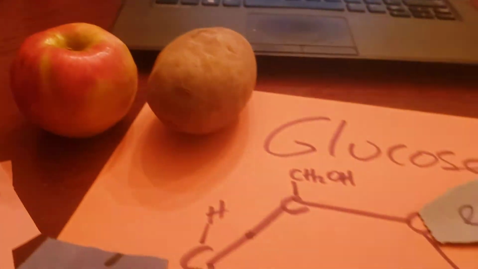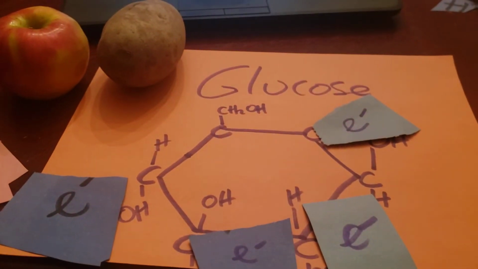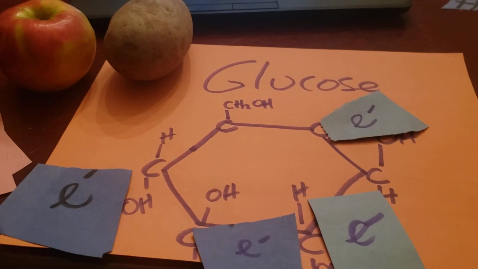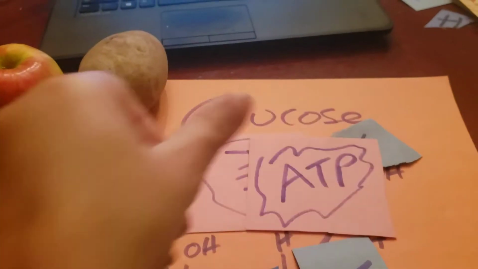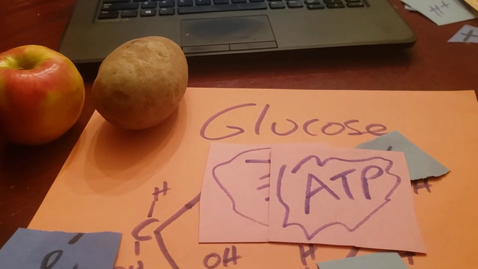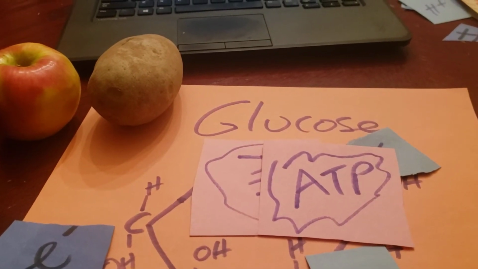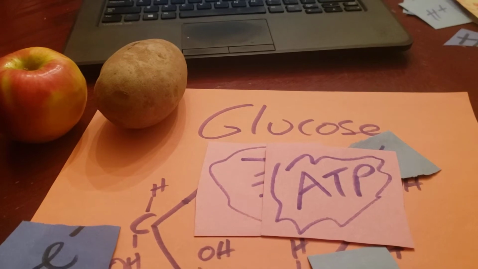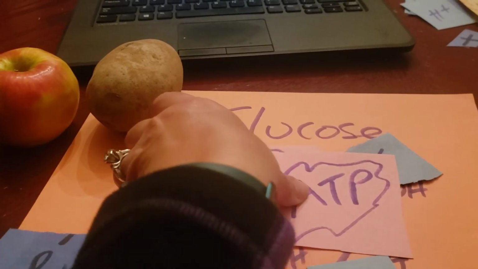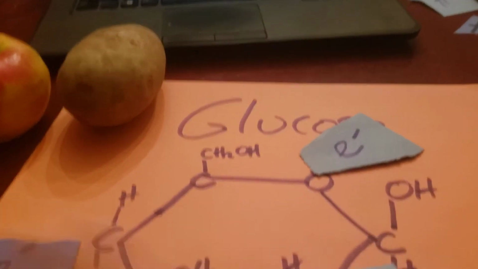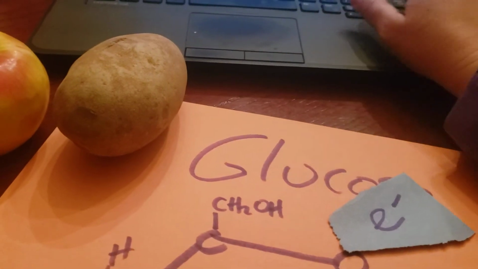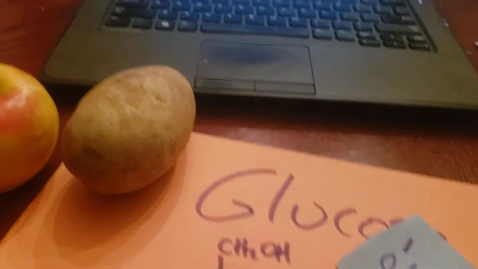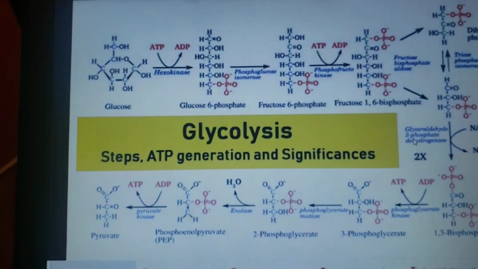Take that yummy glucose and let's lyse it. Let's explode it. Oh no, I can't explode glucose without spending 2 ATPs. What? You're telling me I have to spend ATPs? You gotta spend ATPs to make ATPs, I'm telling you. So we've spent these ATPs and rearranged glucose a bit.